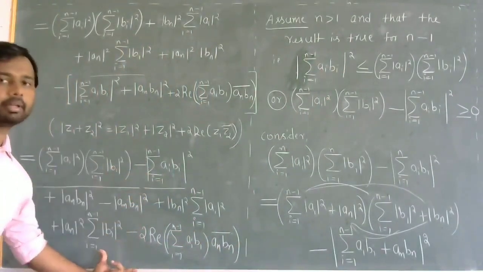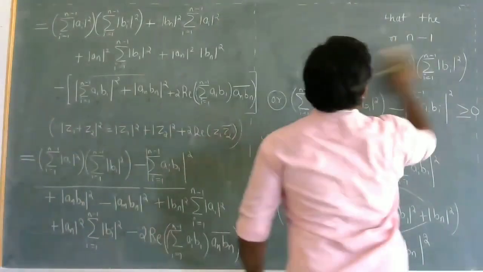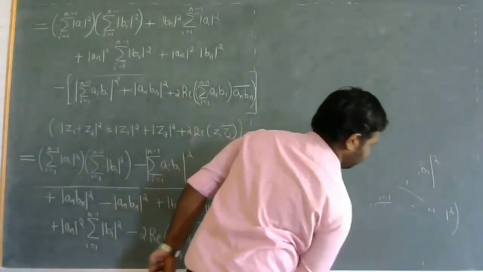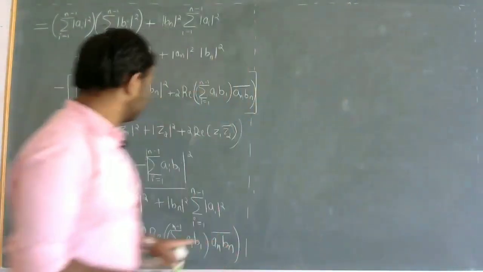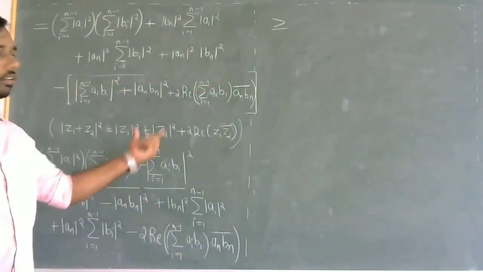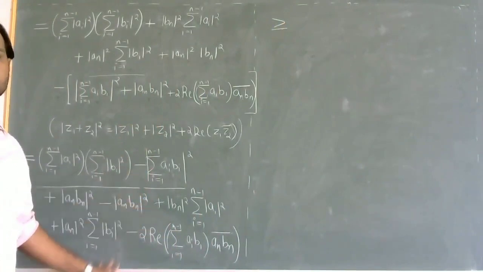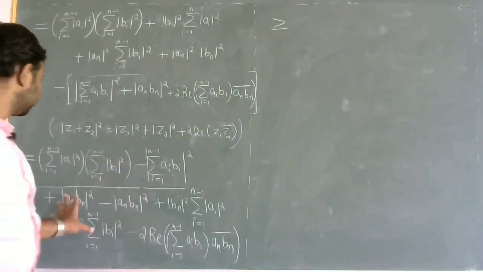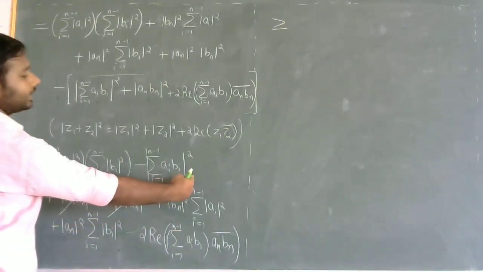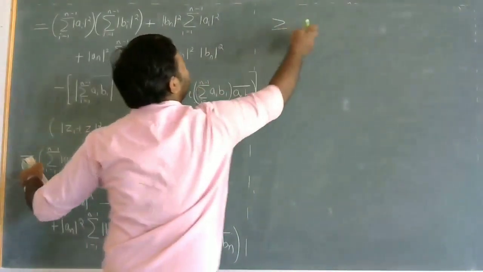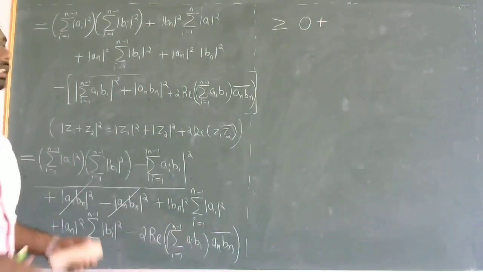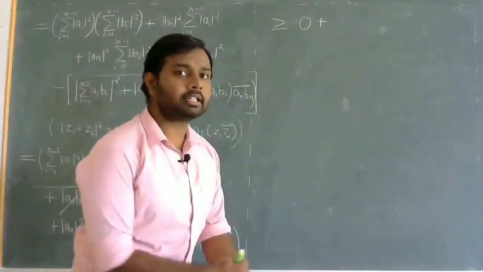So this whole number will be greater than or equal to 0, plus all the rest of the terms, that is the same term. Moreover, this term gets cancelled, so this is greater than or equal to 0 plus the rest of the terms.